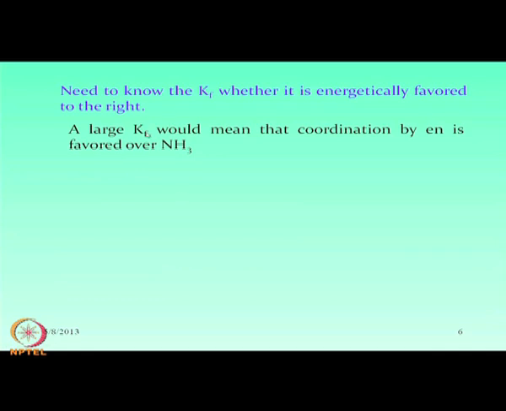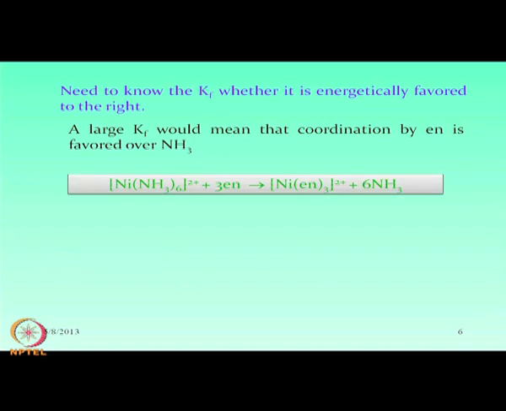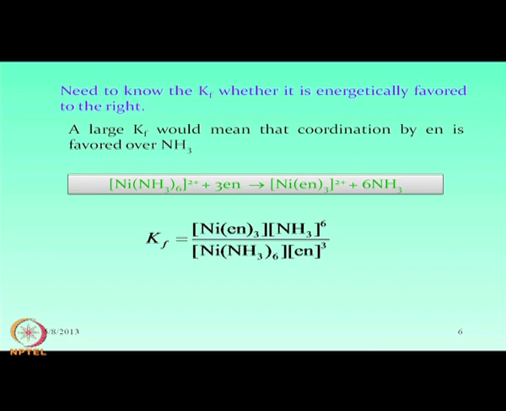If we are able to measure experimentally the corresponding K value in solution for the reaction of ethylene diamine with NH3, we can consider that the coordination of ethylene diamine is favored over NH3. That is why ammonia molecules are leaving and those positions are taken up by the ethylene diamine molecules.